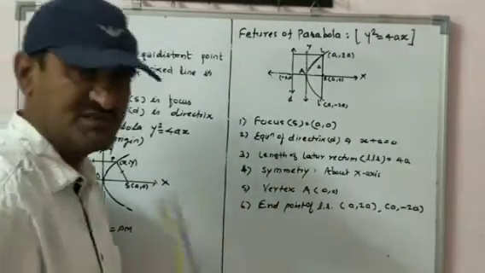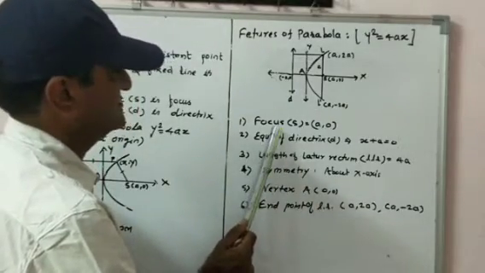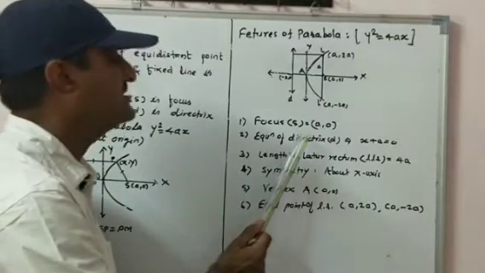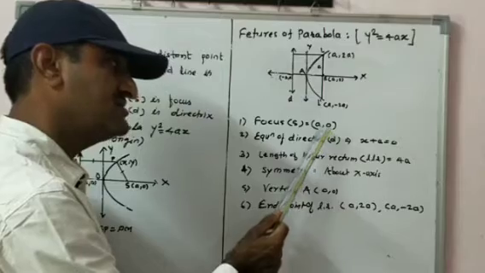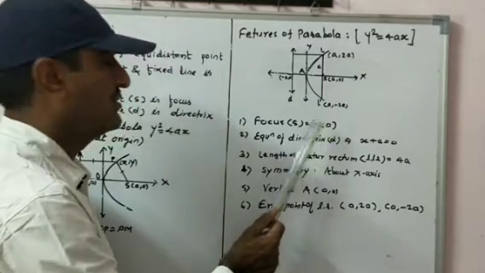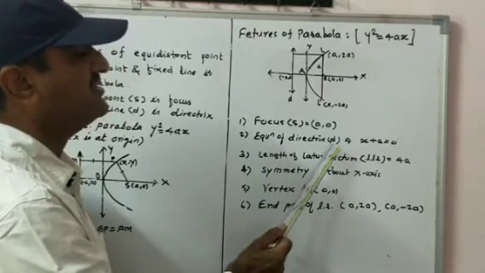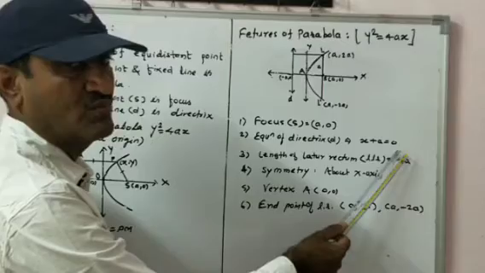Now we learn some features of the parabola. The first feature is the focus, denoted by capital S, and the coordinate of the focus is (a, 0) because it is on the x-axis. The equation of the directrix is x plus a is equal to 0.